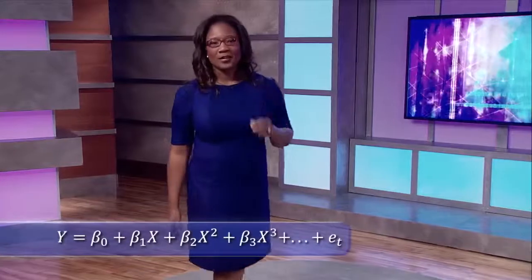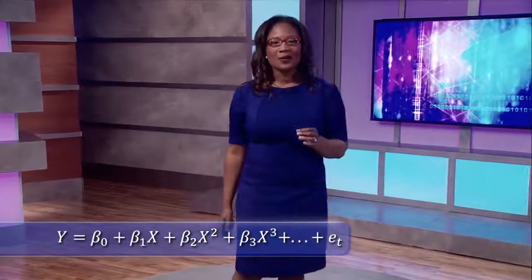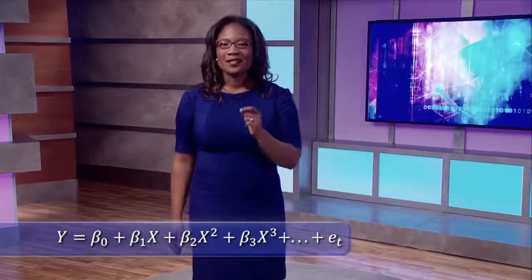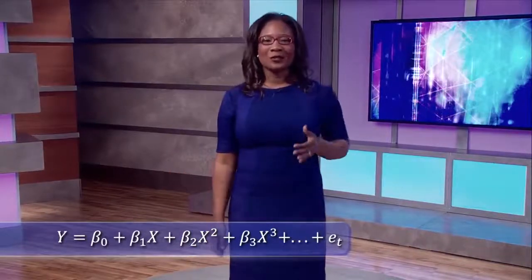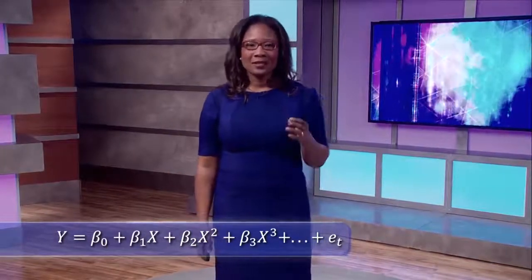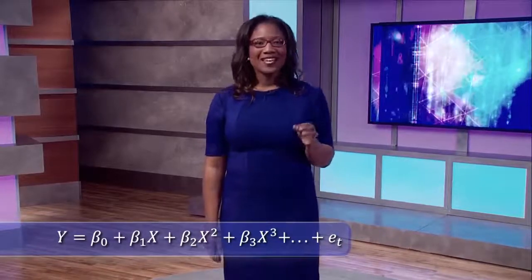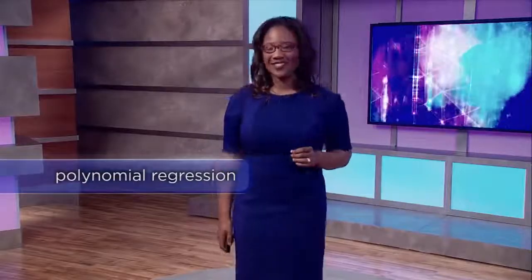Now, instead of predictors x1, x2, and x3, we have a polynomial function with predictor x, where y is modeled as follows: y equals beta naught plus beta 1 x plus beta 2 x squared plus beta 3 x cubed, and so on, plus our error term. This is known as polynomial regression.